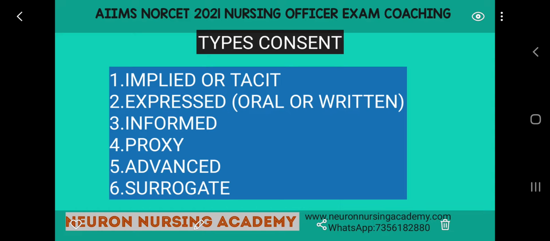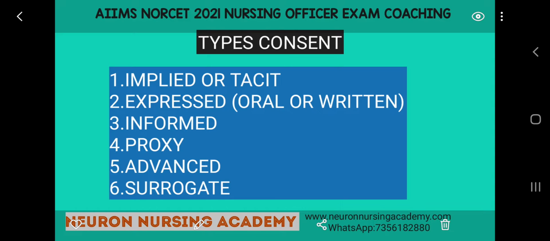That's why the patient is coming to your department, to get treatment. So there is no need to get any type of consent from the patient. The consent is already there; the patient has agreed. That's why he is coming to the hospital.